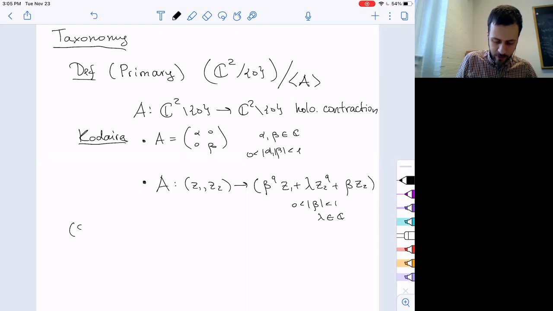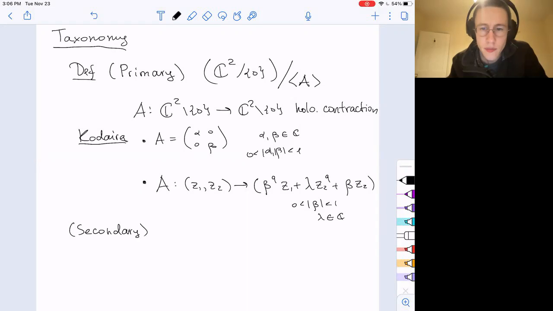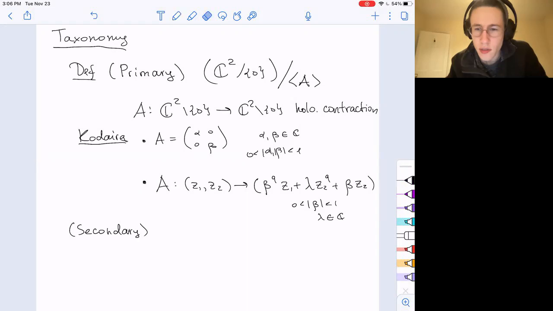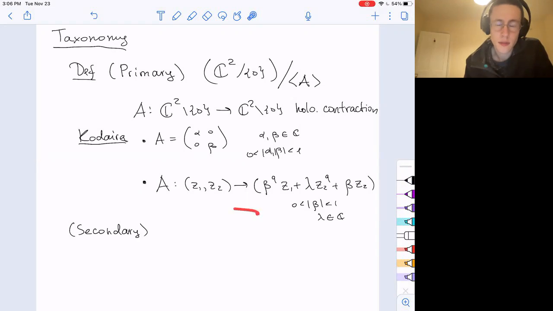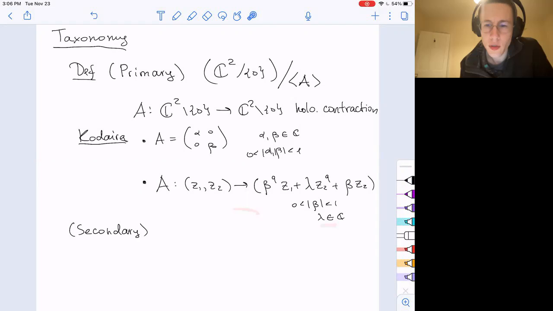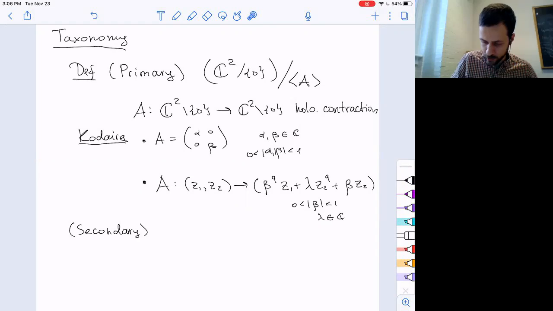And then secondary Hopf surfaces. Where does the comma go? Oh yeah, sorry, I see.